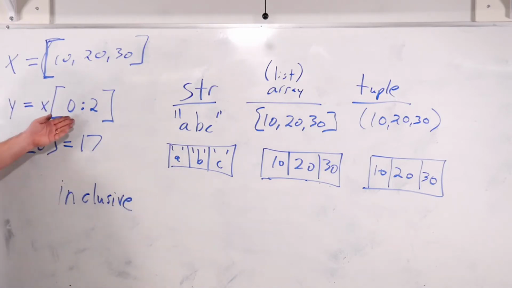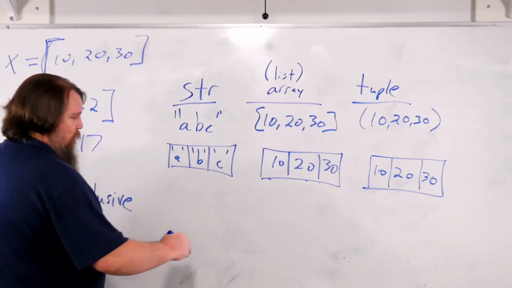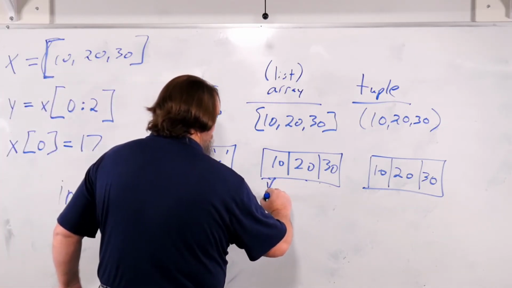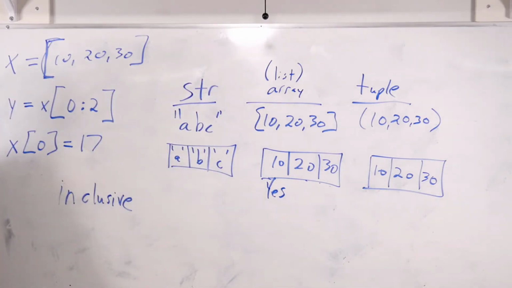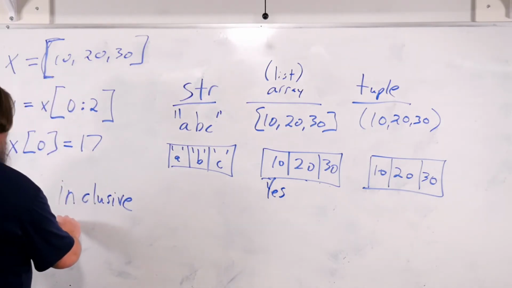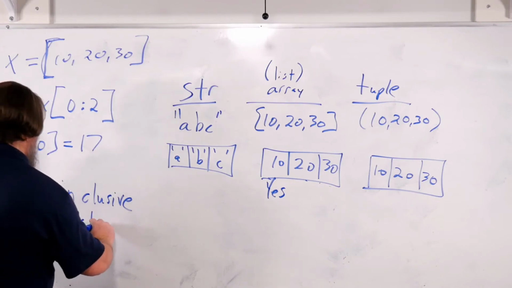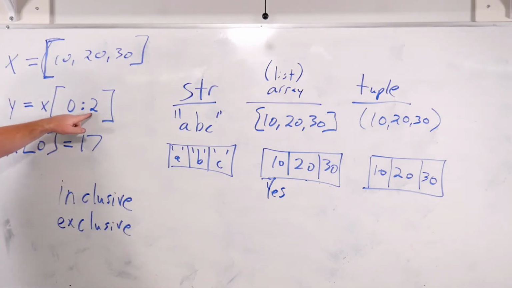That means that the element 0 is part of this range. So when we say 0 to 2, what we're saying is that this, yes, is part of the range. The second bound is what's known as an exclusive bound. It means we copy everything up to, but not including element 2.